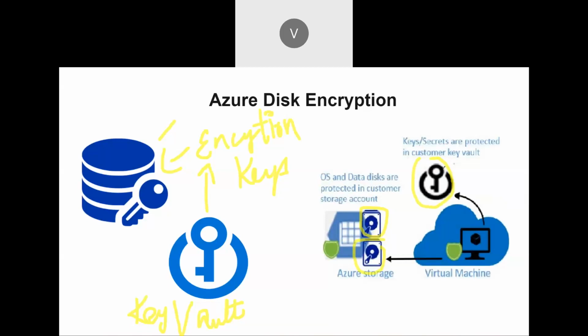It takes the keys from the key vault and then accesses the data. So similarly, it's not just read operations, the write operations and everything will happen with this decryption. So this is one type of encryption.